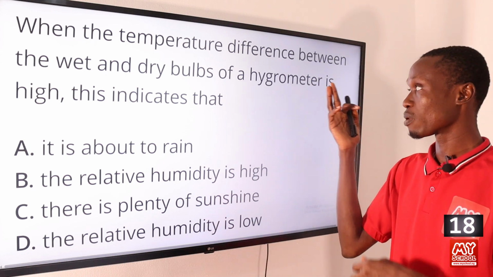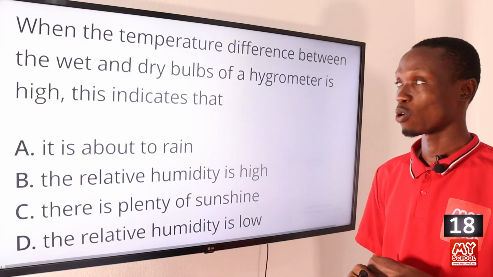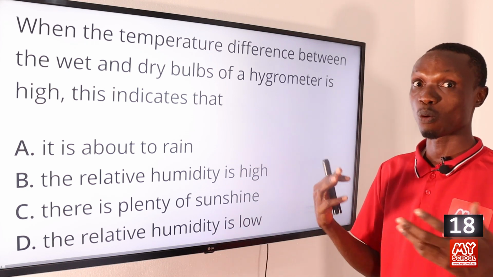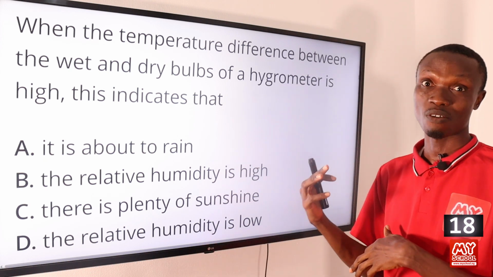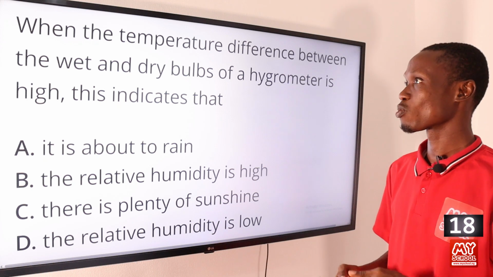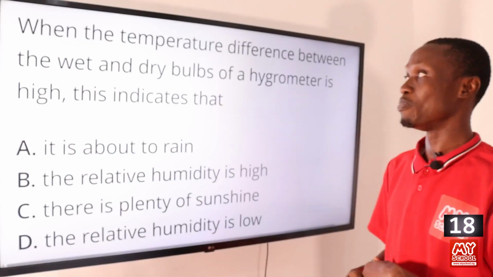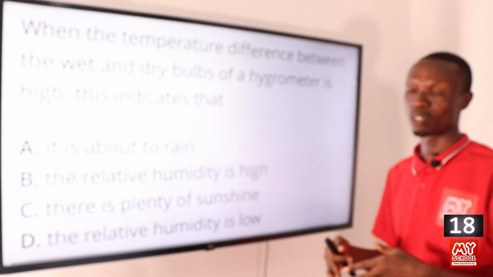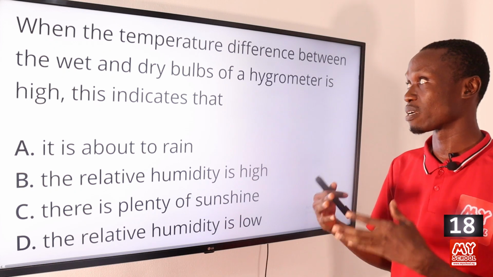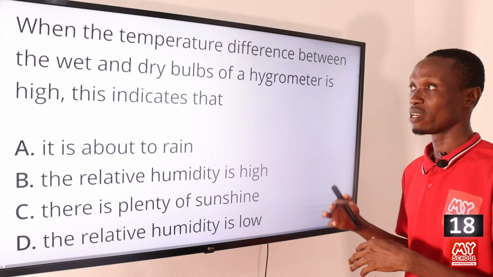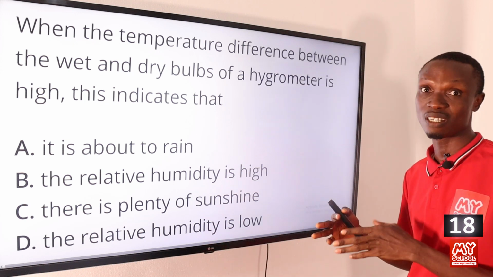So a hygrometer is an instrument used to measure the moisture content, and it operates on the principle of evaporative cooling. If a large difference is recorded between the temperature of the wet thermometer and the dry thermometer of a hygrometer, it simply denotes that the relative humidity is low.